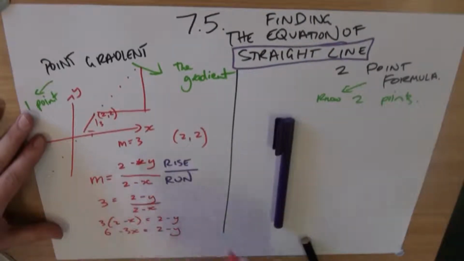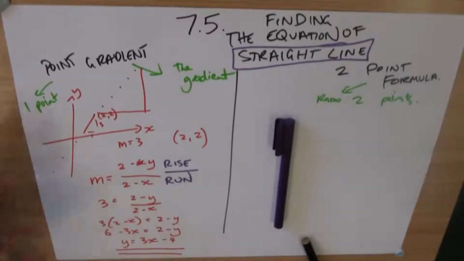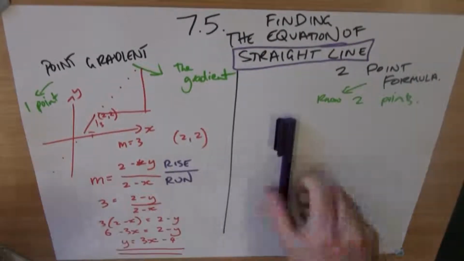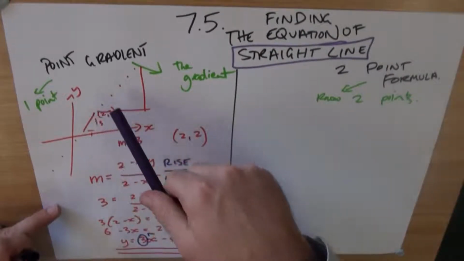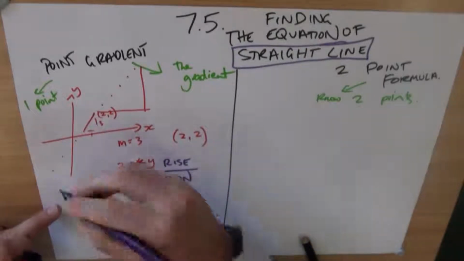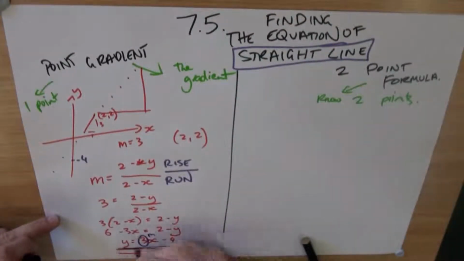I'm going to put the y over there, the x over there, and the 6 over there, so I get y equals 3x minus 4. That is the equation of my line, and if you have a look at it from our previous set, we know that the m is there, which is 3. We know that it's going to cross our y at minus 4, which is going to be down here, which makes sense. So that's actually the equation of my line.